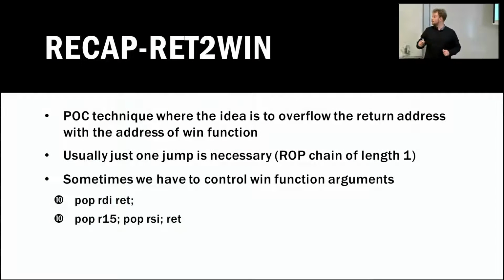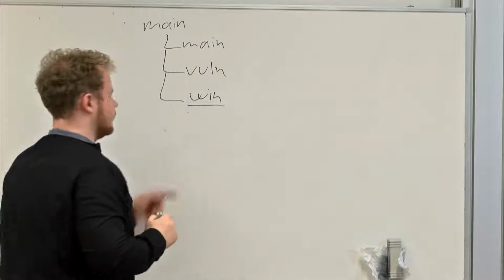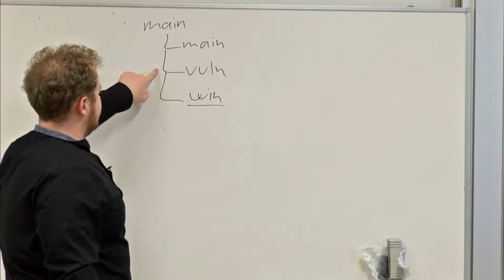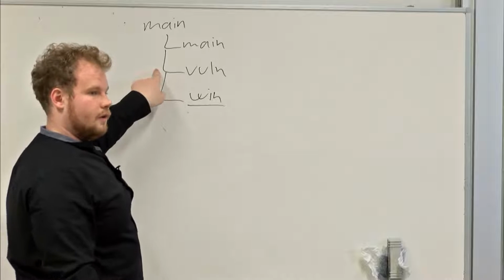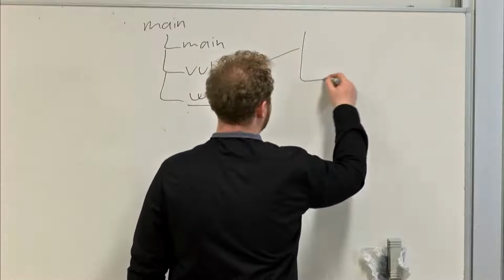We also talked about the ret2win attack pattern, where we had a program. Let's call it main, that has a main function and also has a vuln function and a win function. This is where the name comes from for the technique, return to win. Let's say that somewhere in the vuln function we have a buffer overflow, and we are able to overwrite the return address.